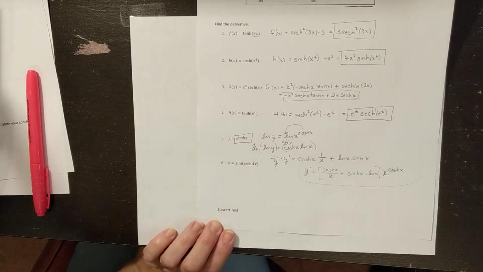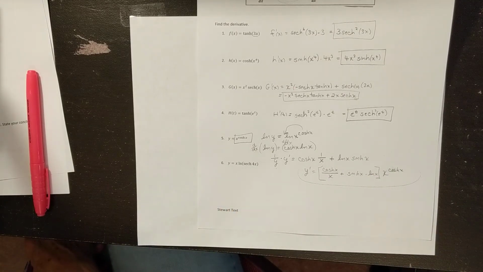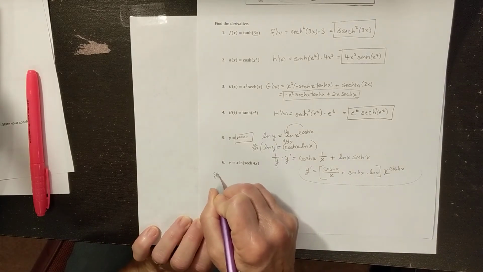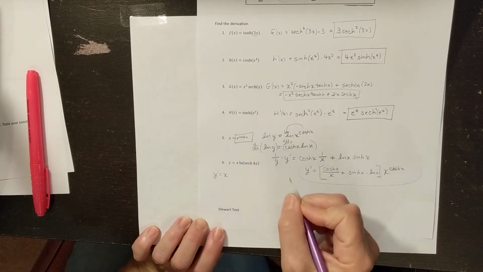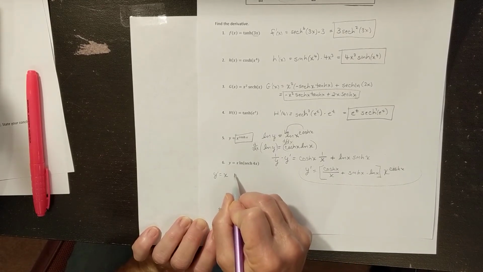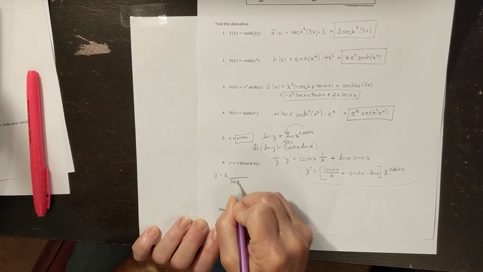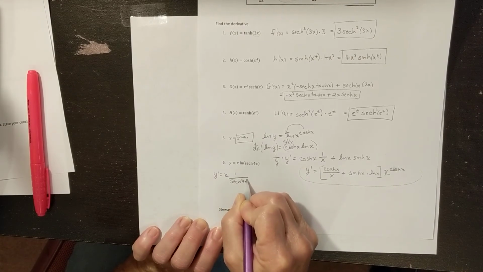Last one, number 6. This is product rule. We have a function of x, which is x, times another function of x, which is the log of the hyperbolic secant of 4x. And so it goes like this. Y prime will be first times the derivative of the second. So that's going to be times 1 over hyperbolic secant of 4x. Oh my goodness.